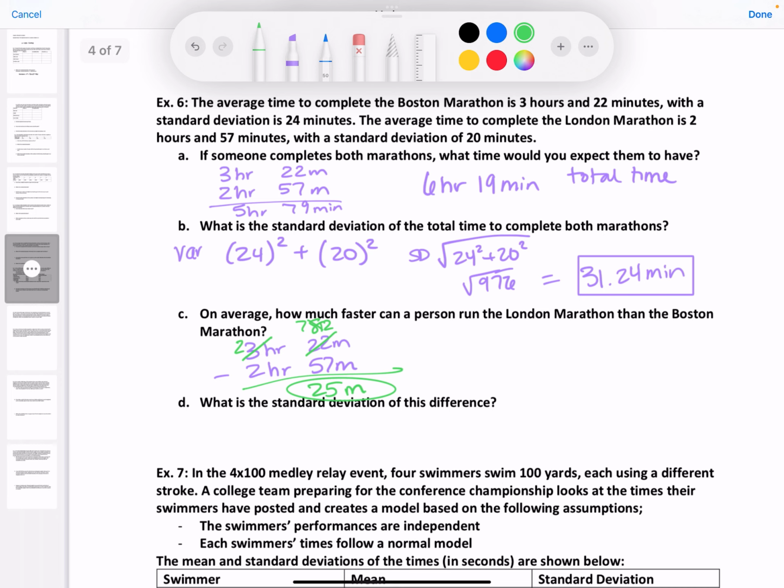Please just tell me what it is. So we always add variances, even when we are looking for the difference.